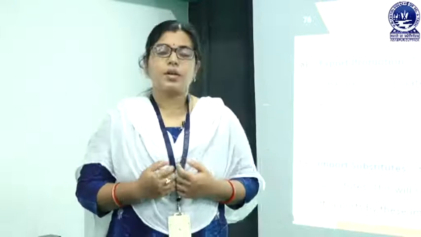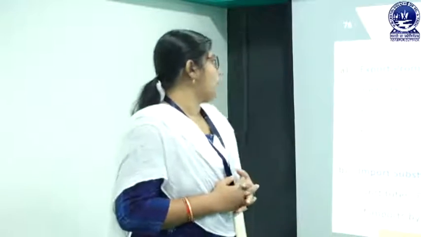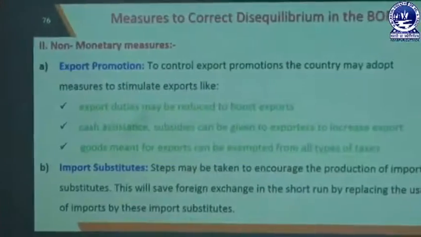When a country exports more and more, the country will earn more and more, and it will diminish the disequilibrium. Through the promotion of exports, a country can correct the disequilibrium of the balance of payment. So what is export promotion?